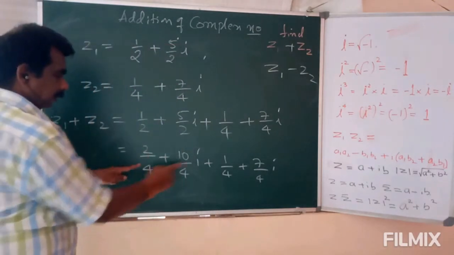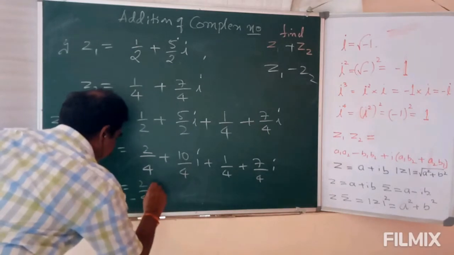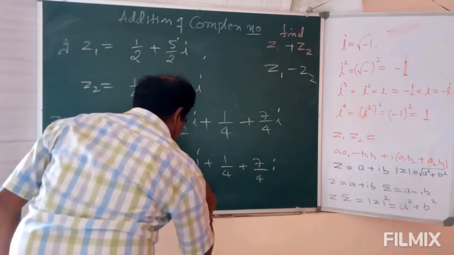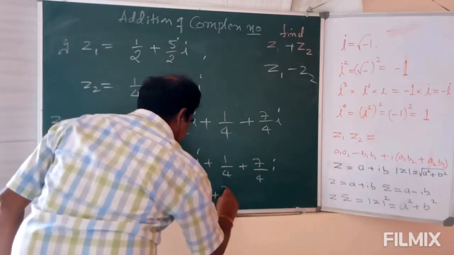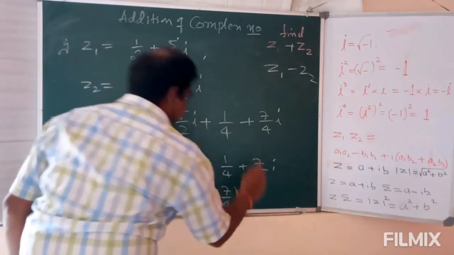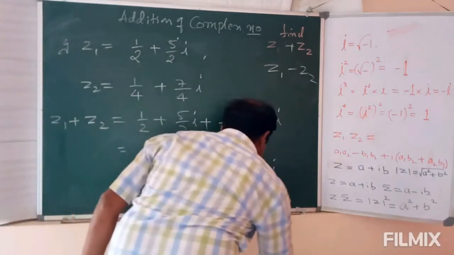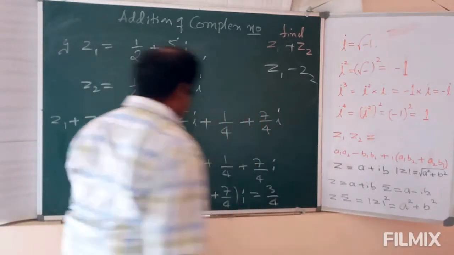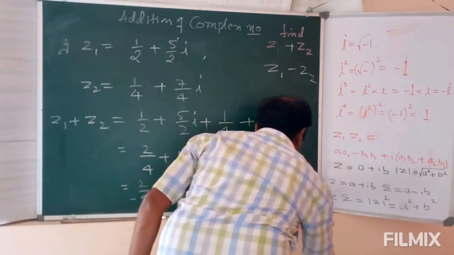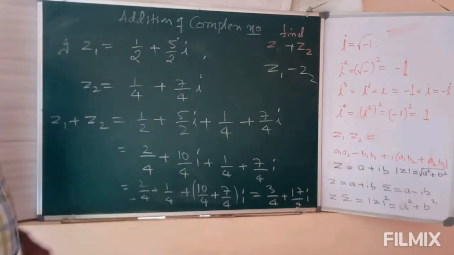Now 2 by 4 plus 1 by 4 plus 10 by 4 plus 7 by 4 i. 2 plus 1 is 3, so 3 by 4. 10 plus 7 is 17 by 4 i. This is the answer.